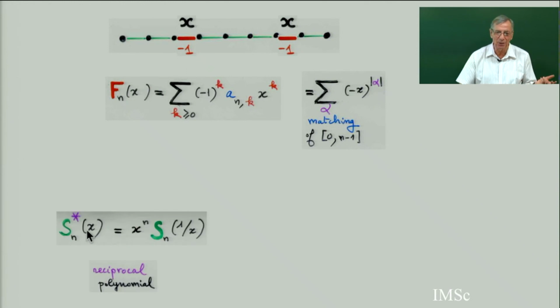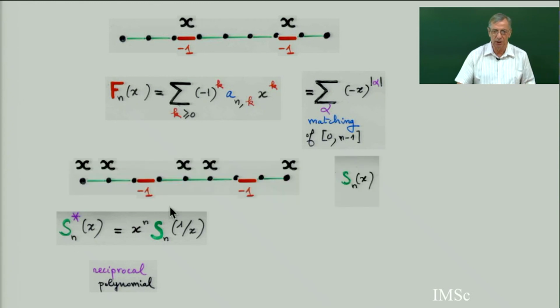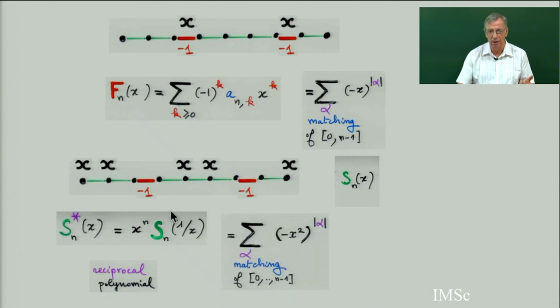In fact, if you take the reciprocal of this Sn, I recall it's a matching polynomial of the segment graph. Taking the reciprocal means you replace x by 1 over x, and you multiply by x power n to get again a polynomial.